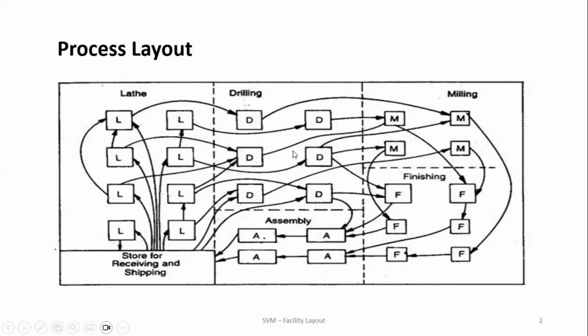Any machine which is available for drilling, it will be processed there. Then it will go to milling, whichever machine is free, it will get done there. And then it will go to finishing, whichever finishing area is available. That type of layout, you call it a process layout.